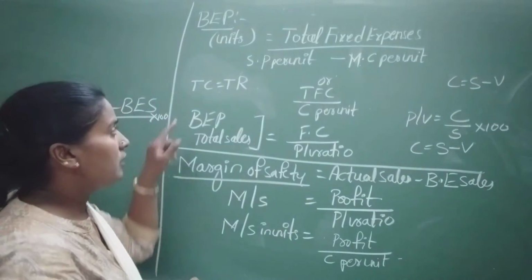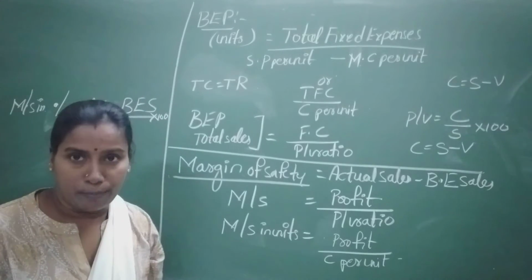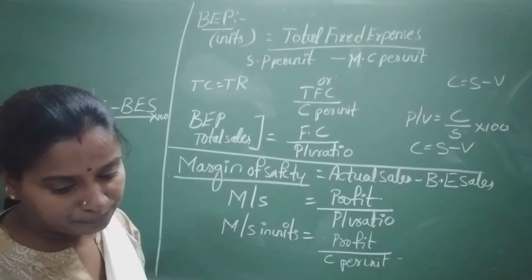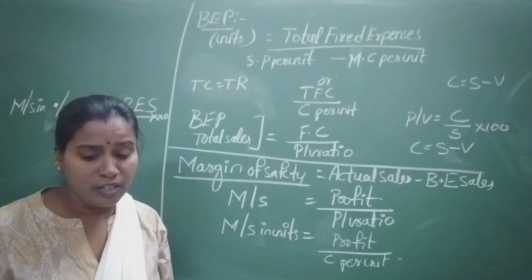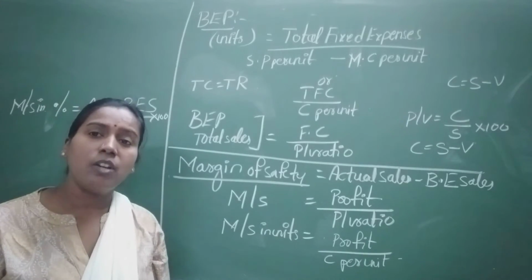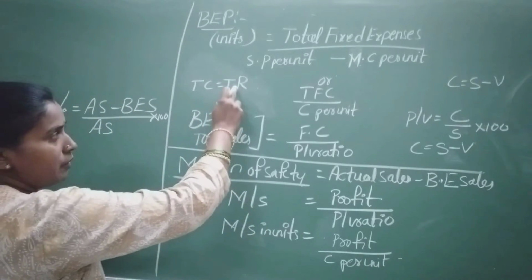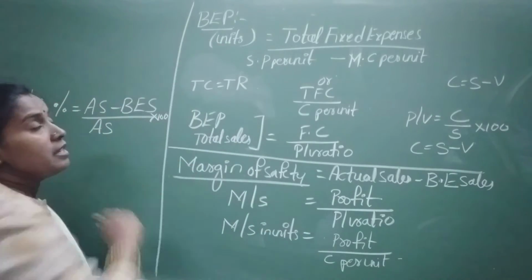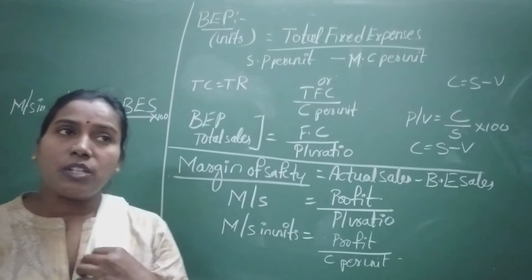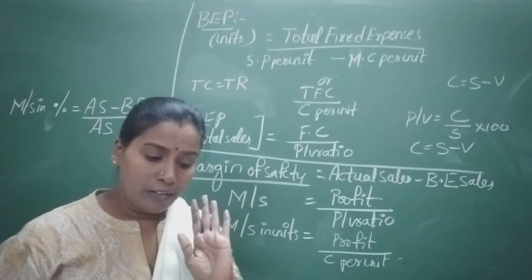Equilibrium point, we can say. In this situation, contribution plays a very important role, where contribution is equal to fixed cost. Total cost equal to total revenue is represented under break-even point, where the relationship between contribution and fixed cost is equal.